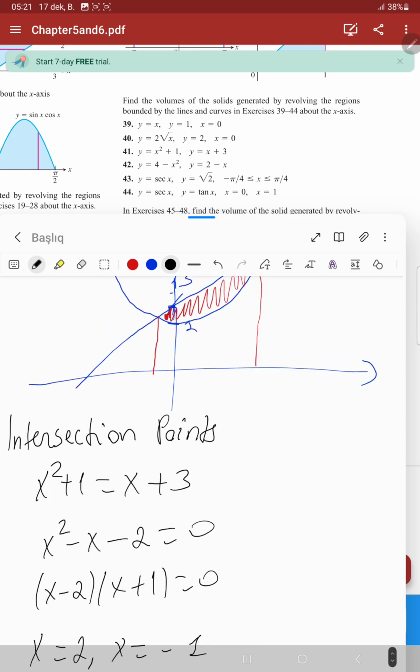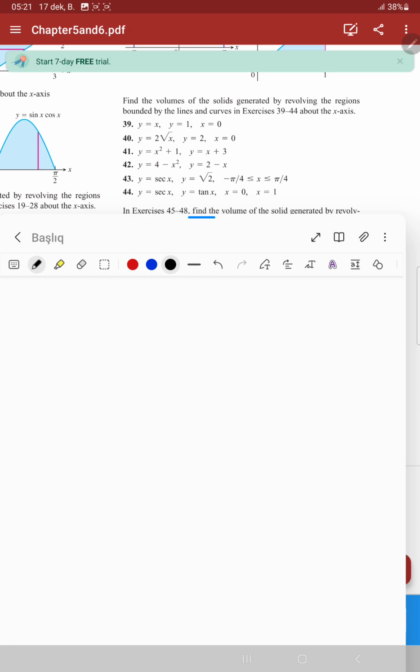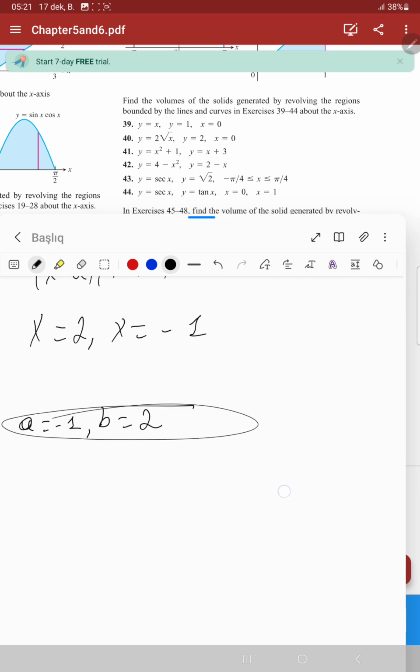So -1, 2. Okay, these are our boundaries. Nice.